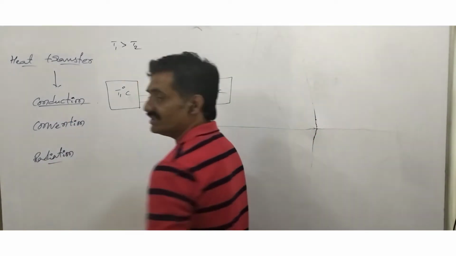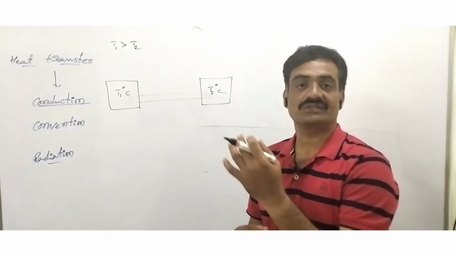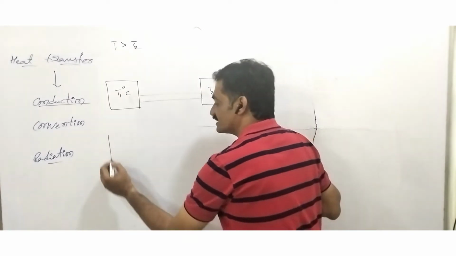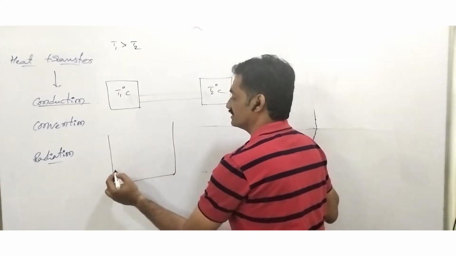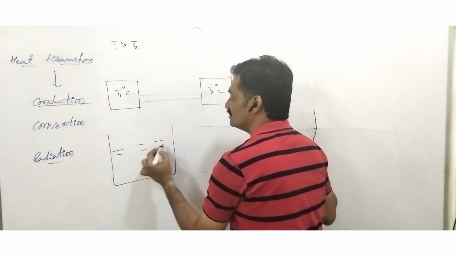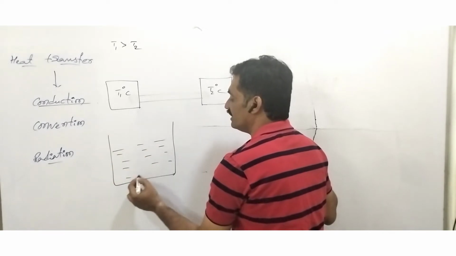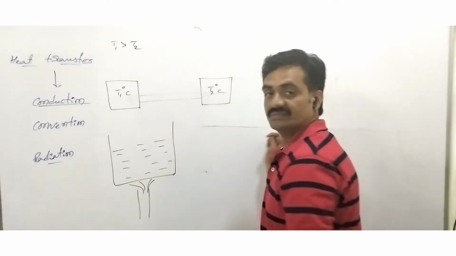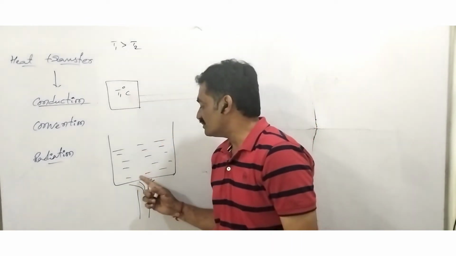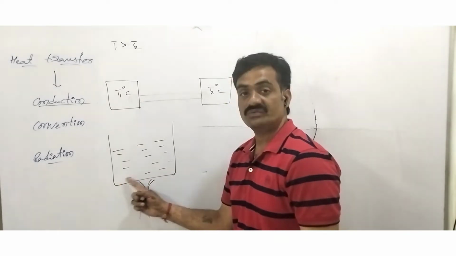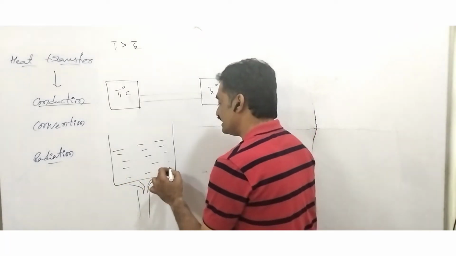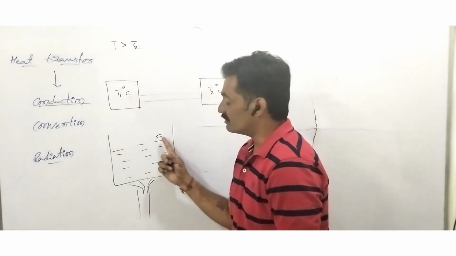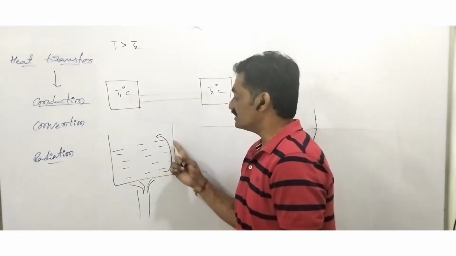In the case of convection, matter transfer takes place and heat is transferred from one place to another place. Let us consider water in a beaker. When we heat the beaker, the heat is absorbed by the water. As it absorbs the heat, heat is transferred from bottom to top due to the transfer of matter, means water is shifted.